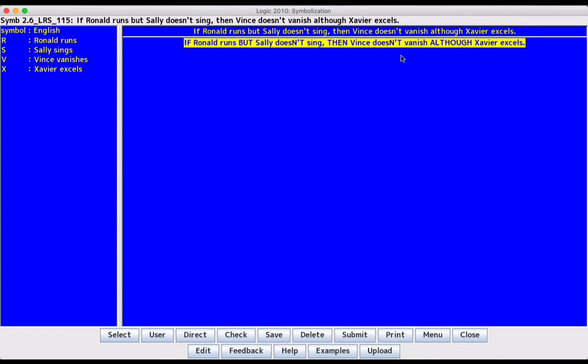So one of these we need to symbolize first. The if is paired with the then. So it's the if then, the but, the n't, or the although. We know it's not the n'ts. So it's going to have to be the if then, the but, or the although. So what we want to do is find this sentence's main connective. That's when this sentence was built in a series of stages from Ronald runs and Sally sings and Vince vanishes and Xavier excels.